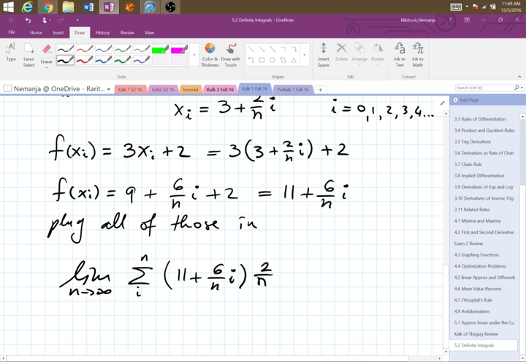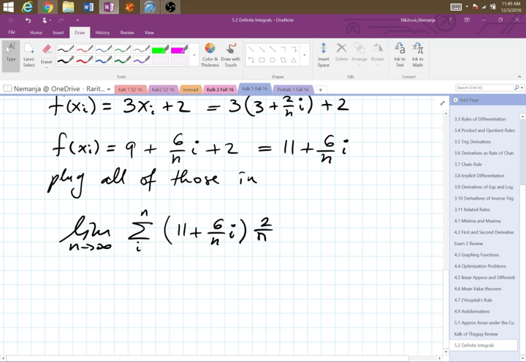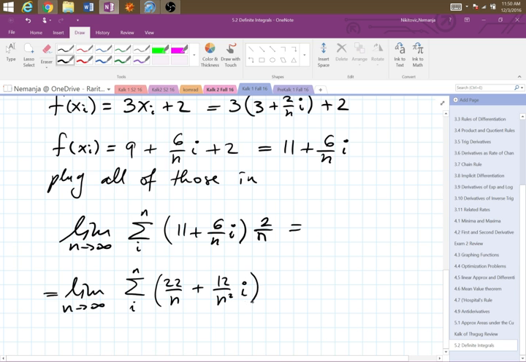And now we have to solve this expression. Solving this involves the formulas that are given in the textbook, but first we are going to distribute this: 22 over n plus 12 over n squared i.